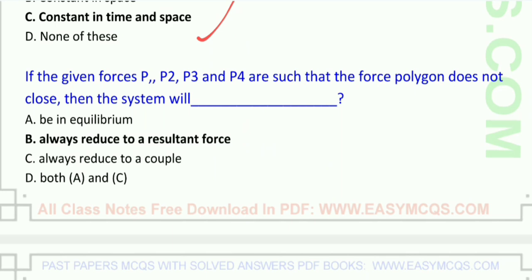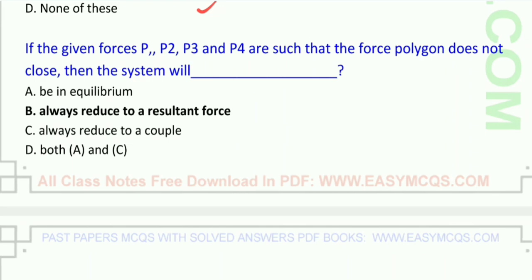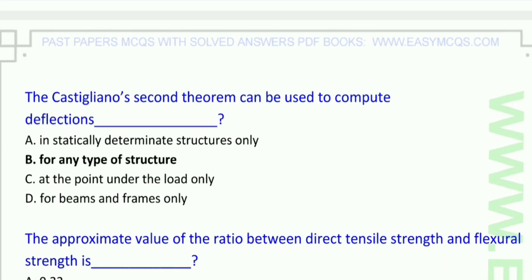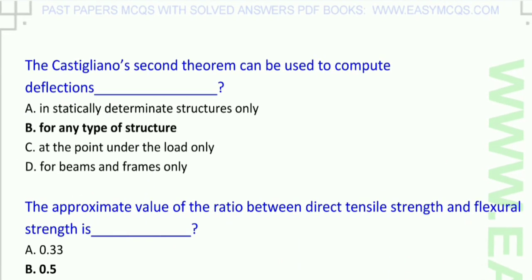If the given forces P1, P2, P3 and P4 are such that the force polygon does not close, then the system will always reduce to a resultant force. Castigliano's second theorem can be used to compute deflections for any type of structure.